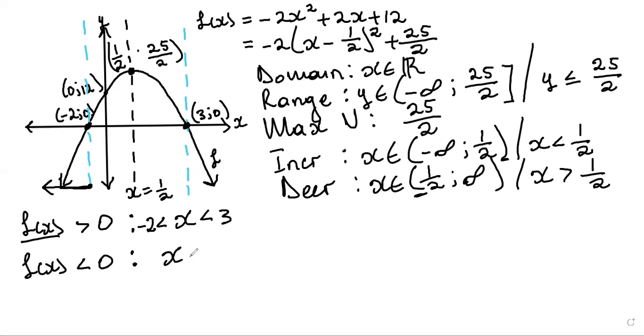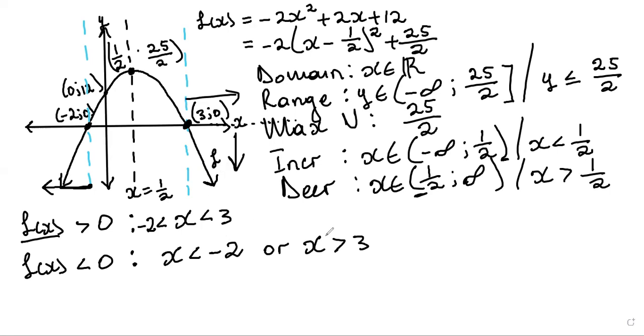So you'll tell them that any value of x that is less than -2, but it's not the only solution, because if you look from +3 all the way to infinity, you can see that the values of y are negative because the function itself is below the x-axis. So you'll say, or where x is greater than 3, like that.